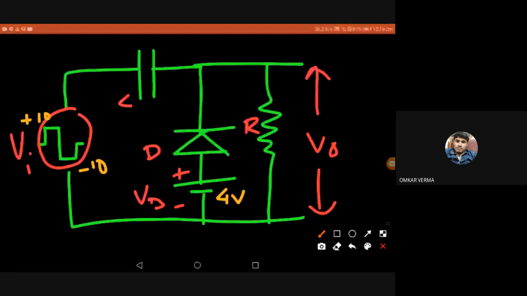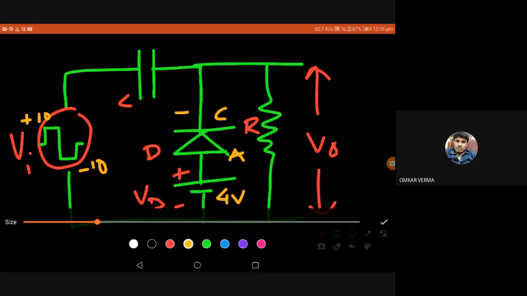Definitely it is the negative cycle, right? Because the cathode is at the top. You can see the cathode is at the top, the anode is at the bottom. So which cycle forward biases the diode? When the input is negative, and that happens in the negative cycle, right? Okay, so I'll start analyzing with the negative input cycle.